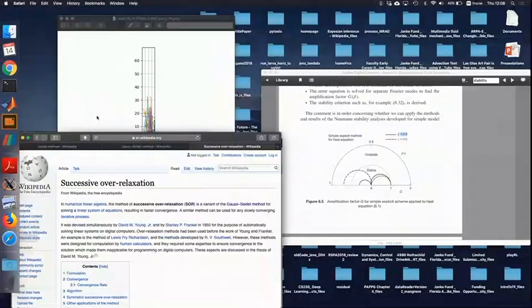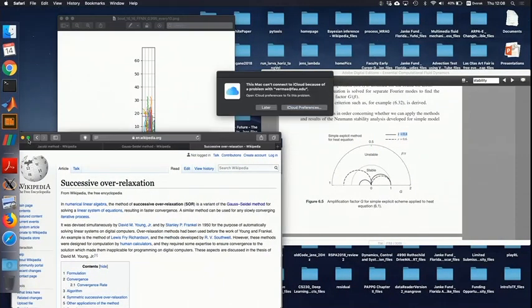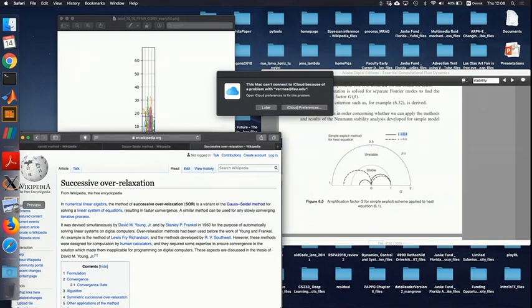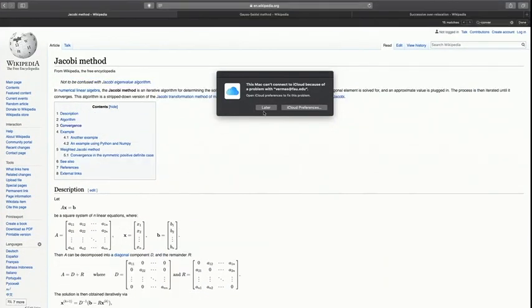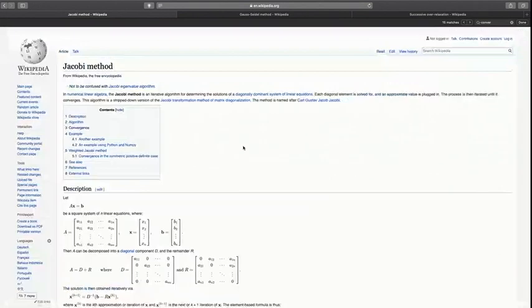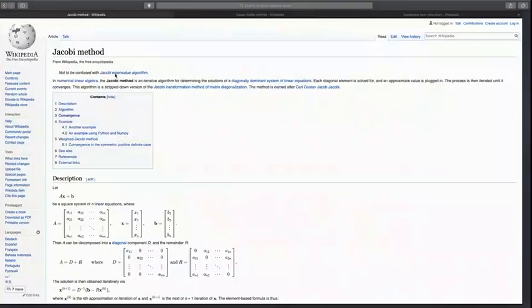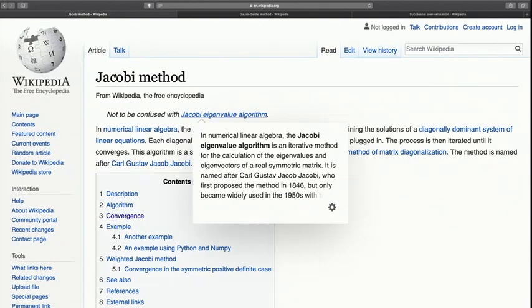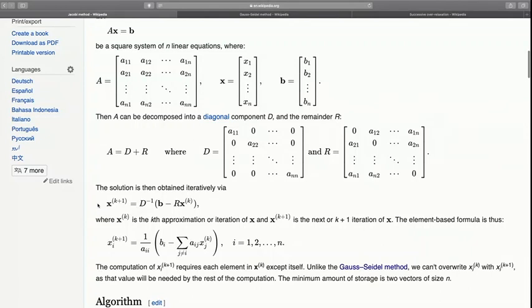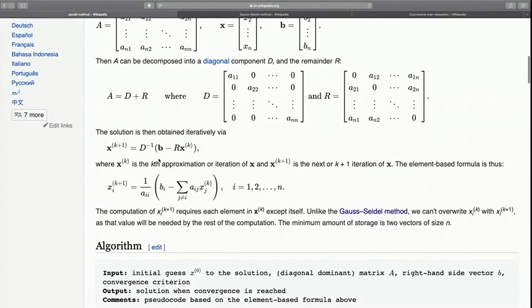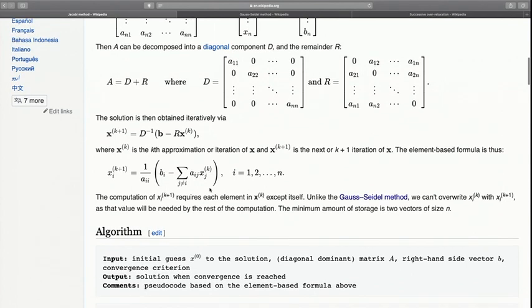Okay, so if we go to the definition of the Jacobi method here, there's an AX equals B, there's very impressive looking equations, and there's the final answer, okay? But when you actually start implementing this, all it does is the following.